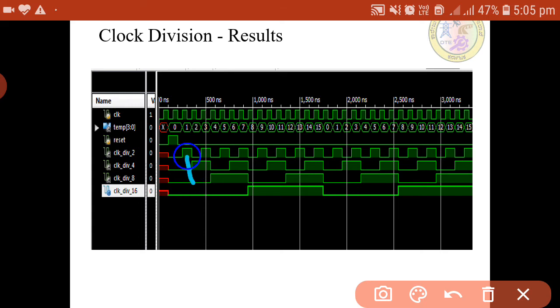So if you take this second one, divide by 4, if you see here 1 2 3 4. Okay, so 0 1 and 2 to 5, so 4 clocks of the main clock are there, so that is divided by 4.